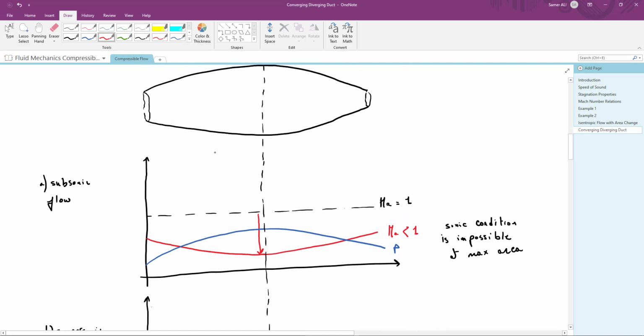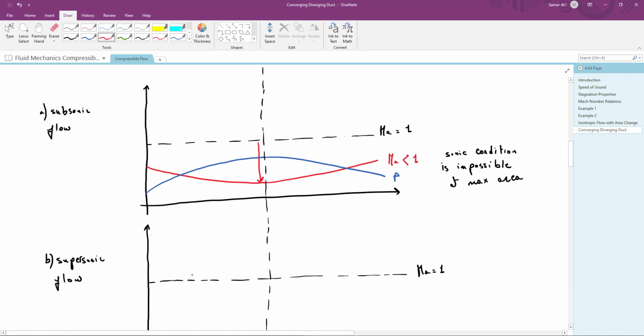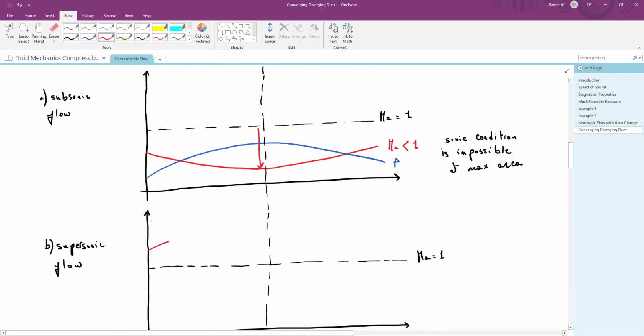So for supersonic flow, the diverging part will act as a nozzle. So the Mach number will increase in this case, and it will reach a maximum value at this maximum area location. So also here, the flow is moving away from the sonic condition, and the sonic condition in this case is impossible at the maximum area location.